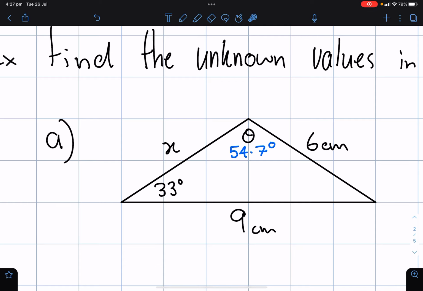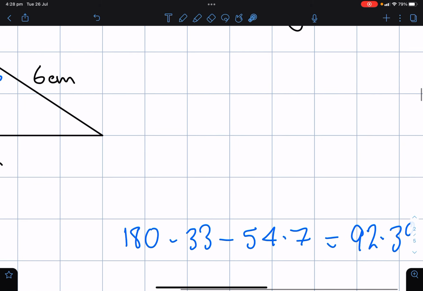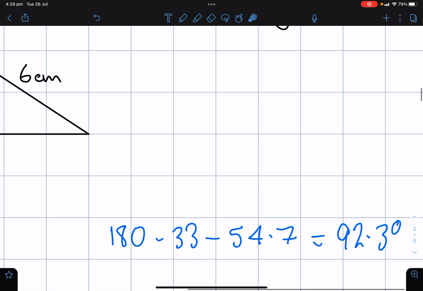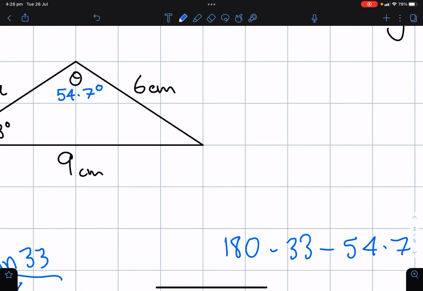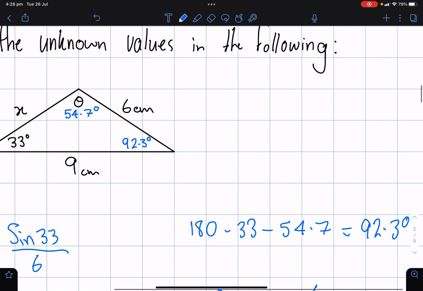If we know two angles, we can find the third. We do that by doing 180, take away the other two angles. So 180, take 33, take 54.7, which equals 92.3 degrees. So that means this angle in here is 92.3 degrees.